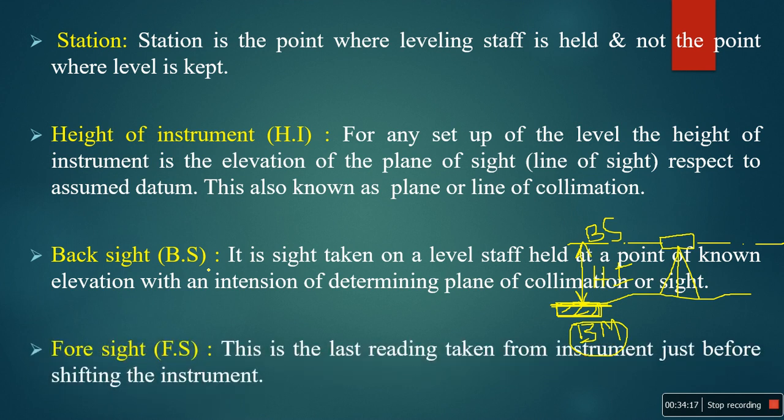Then foresight. Okay, this is the last reading taken from the instrument just before shifting the instrument. On completion of the work, whatever last reading is there will act as a foresight. And in some cases, if it is a longer distance work, it is not possible to take all the readings from one setup of the instrument.